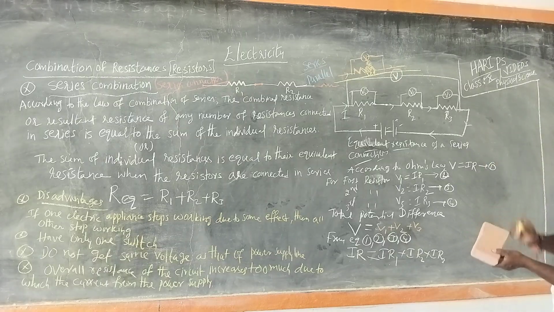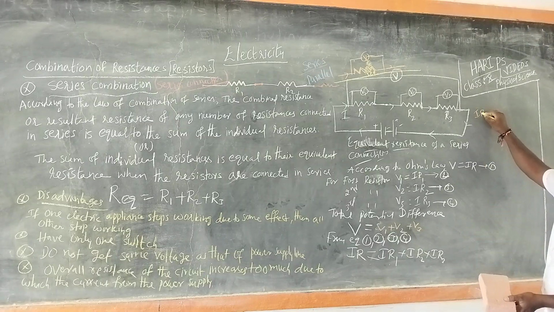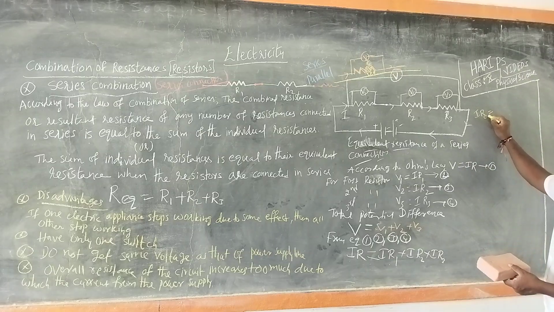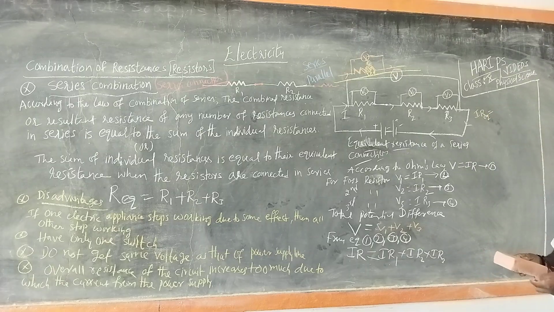So IR is equal to, so here I am writing Req, resultant or equivalent resistance is equal to I is common, then we can write R1 plus R2 plus R3.